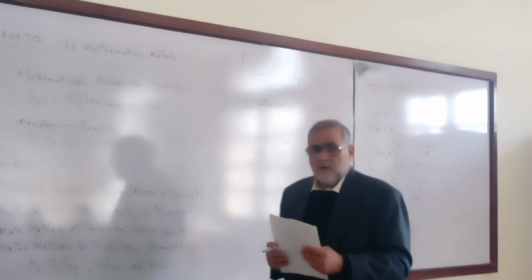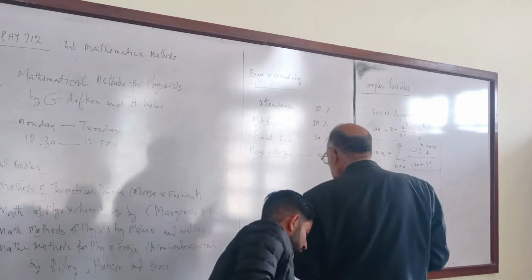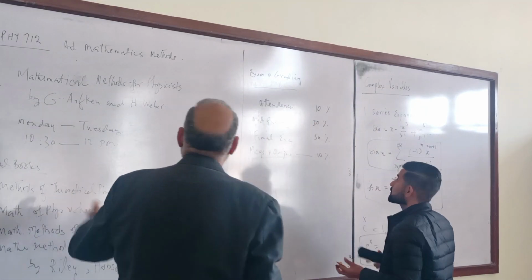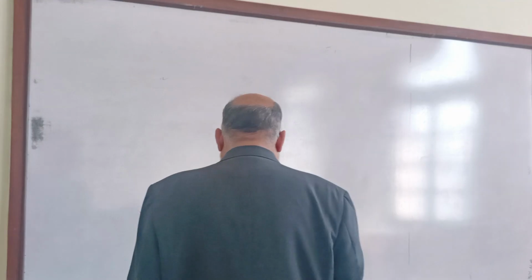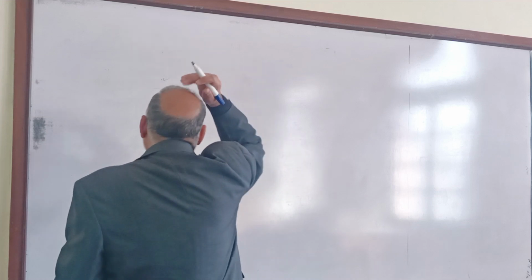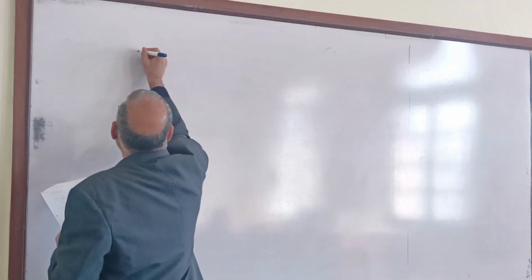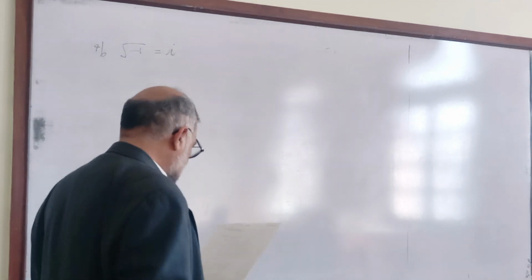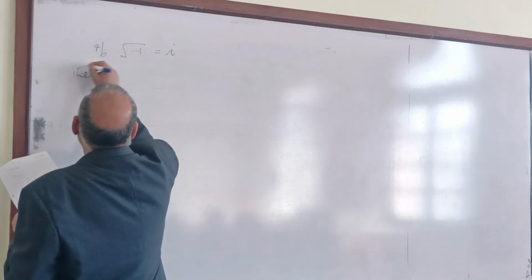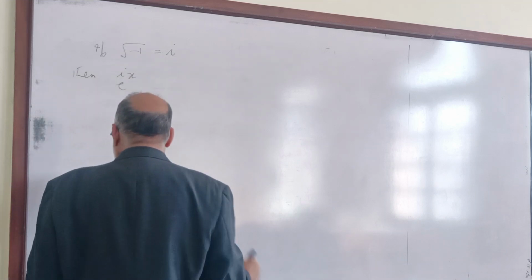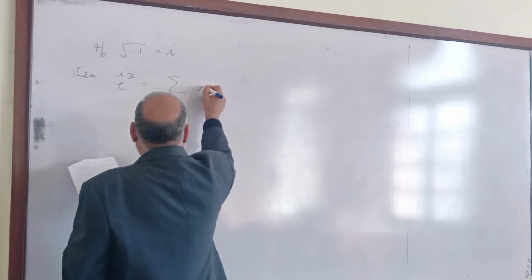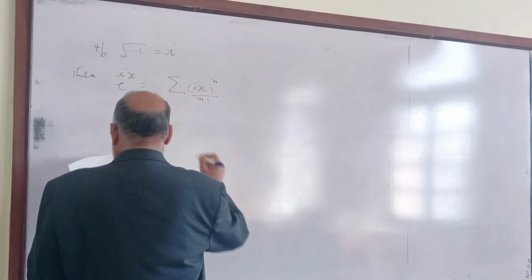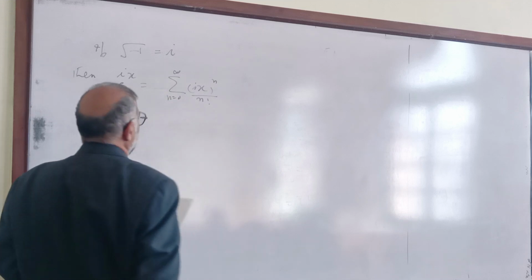Similarly, you know from your basic mathematics, if the square root of minus 1 is equal to i, then e to the power ix is equal to the sum of ix to the power n over n factorial, starting from 0 to infinity.